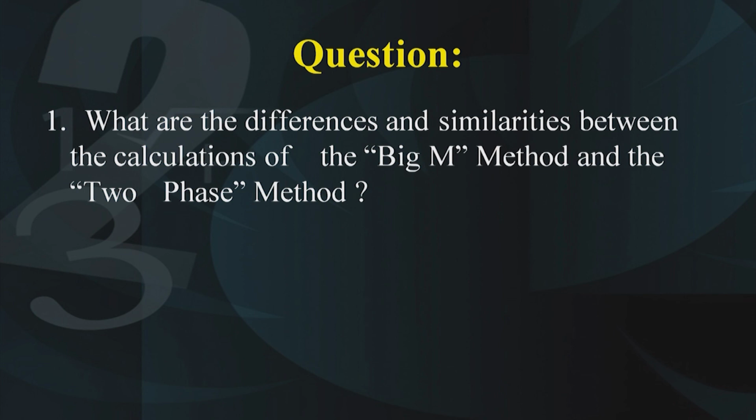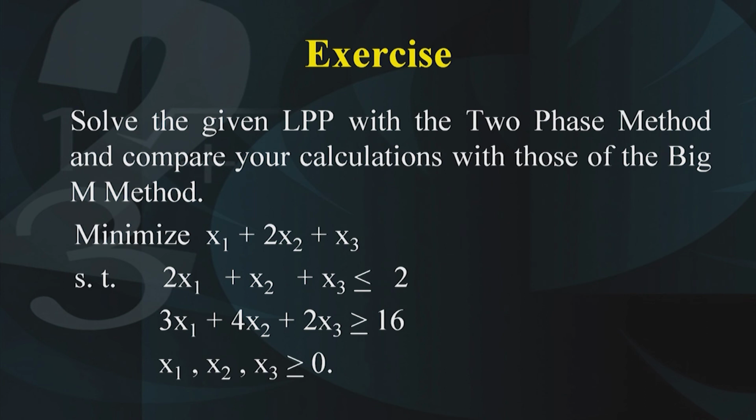As an exercise, I would like you to solve this linear programming problem. Please write it down and solve it with the two phase method, and also compare your calculations with the big M method.